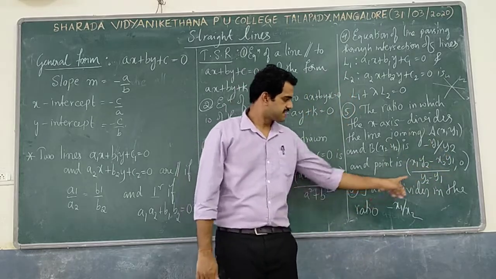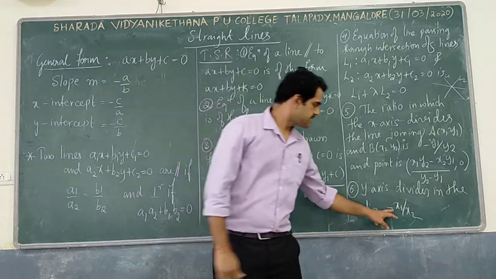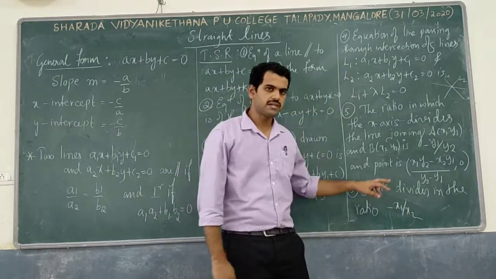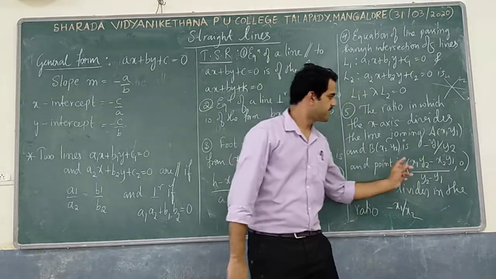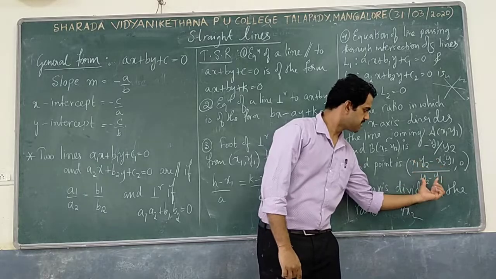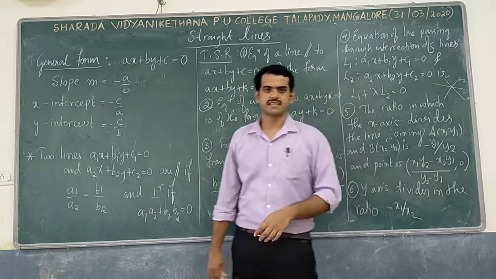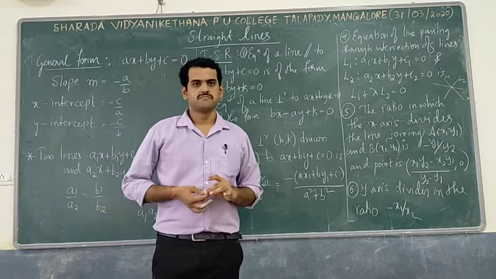And the y-axis is going to divide in the same way in the ratio -x1 by x2, and the point is given by making the x coordinate 0, and the y coordinate similarly, but the numerator is the same and the denominator is going to be x2 - x1 instead of y2 - y1. That is going to give the value.